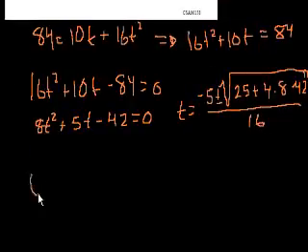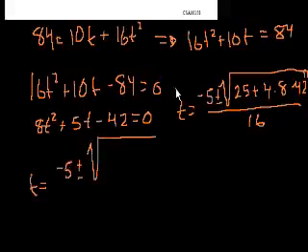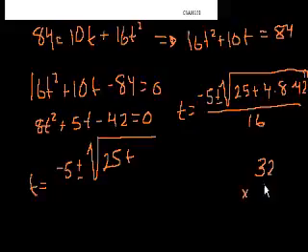So t is equal to minus 5 plus or minus the square root of 25 plus 4 times 8 times 42. That's 4 times 8, which is 32, times 42. 2 times 32 is 64.